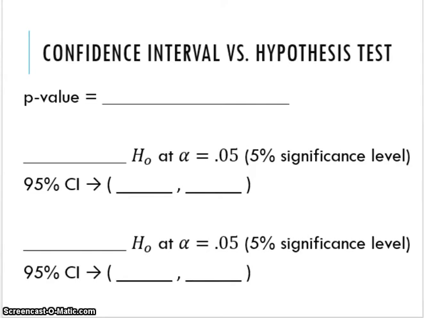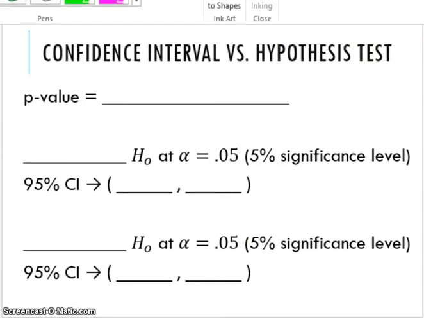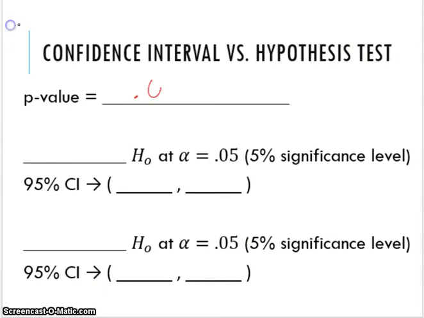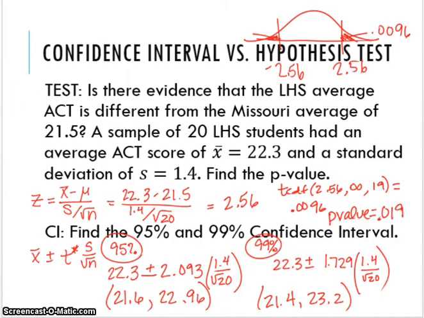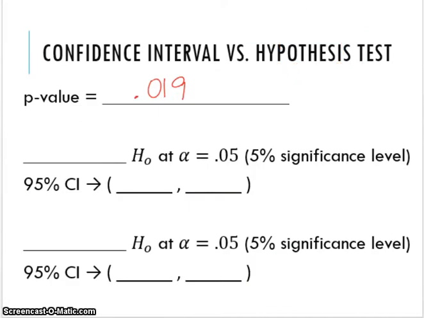Here we had a p-value of 0.019, and our 95% confidence interval was 21.6 to 22.96.